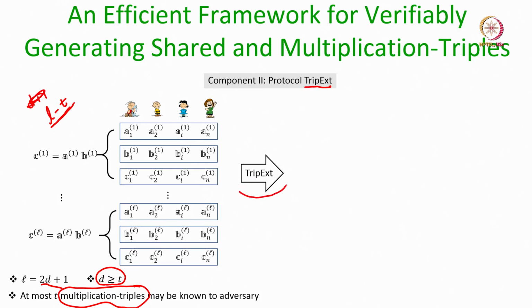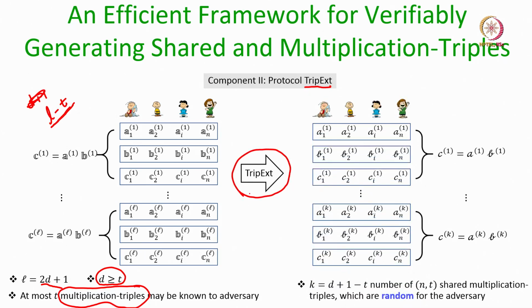Now, as the name suggests, triple extraction, what do we want to do here? We want a protocol which allows the parties to generate k number of secret shared multiplication triplets, all of which are guaranteed to be unknown, random for the adversary.